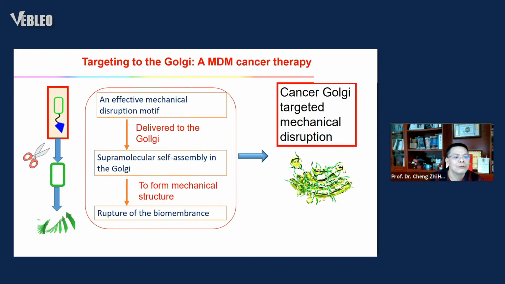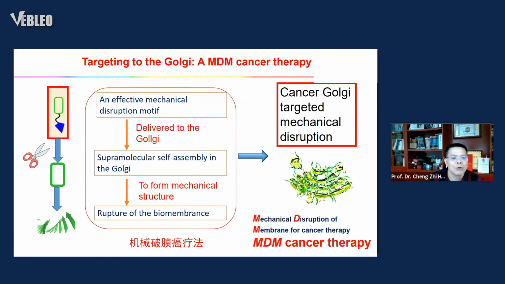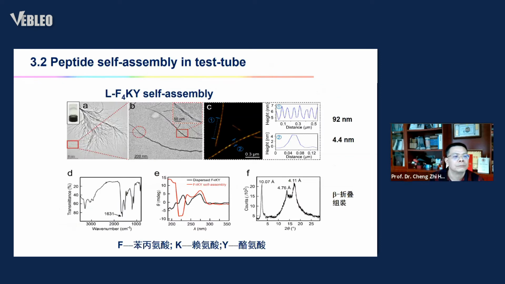The best route is to deliver an effective mechanical disruption motif to the Golgi, wherein the motif starts a supramolecular self-assembly to form a mechanical structure, making the membrane of the Golgi ruptured. So we call our method mechanical disruption of membrane for cancer therapy, or shortly MDM cancer therapy.